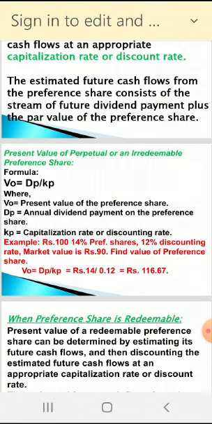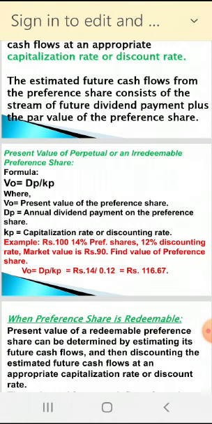Find value of preference share. This preference share is available in the market at rupees 90, so we can get the idea of the value of the preference share, whether we have to buy at 90 rupees or not.